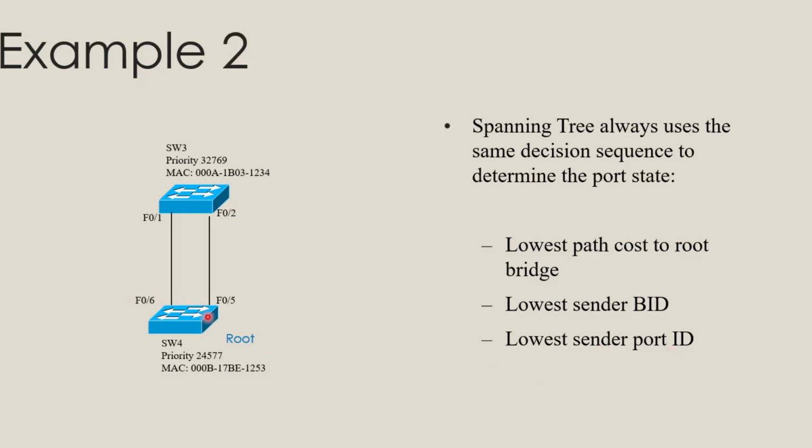The lower sender port ID is F05. The non-root bridge switch 3 determines port 2 will be the root port because the sender port ID F05 is lower than the other port. Then obviously switch 3 will block F01 to break the loop. And this produces a loop-free topology.